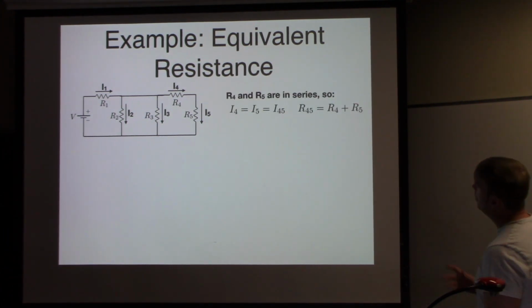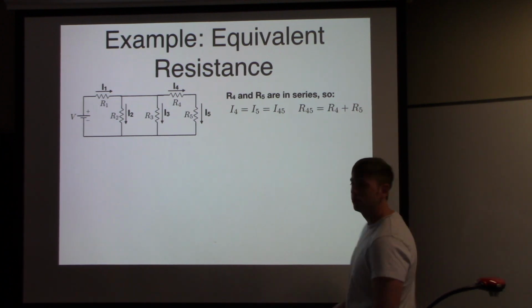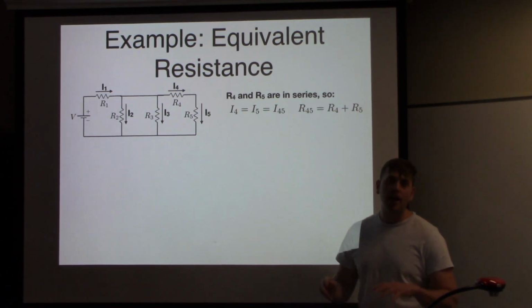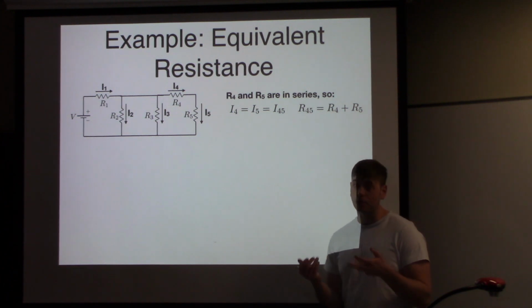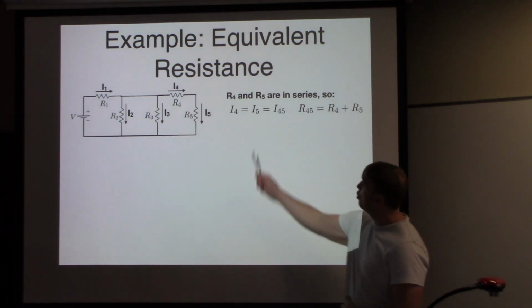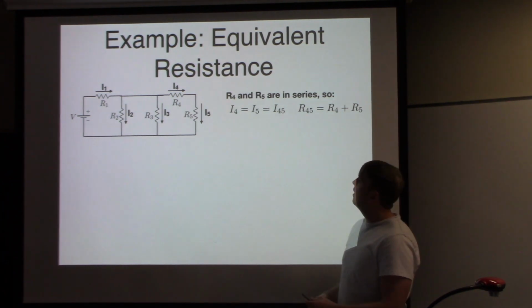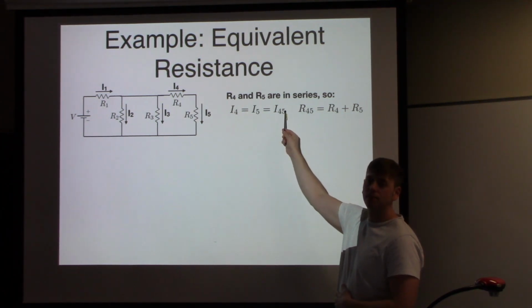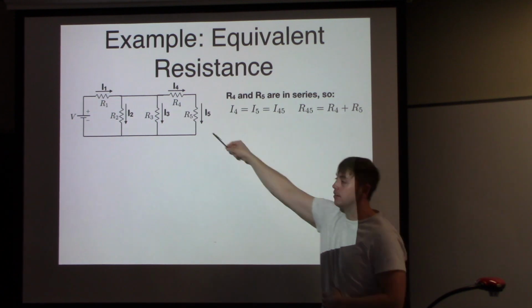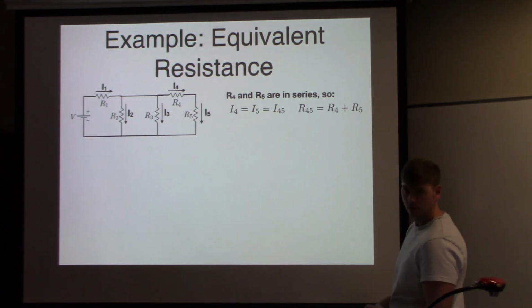Okay, so there are two things I know given that they're in series. The first is, remember, any two resistors in series have the same current. So I4 and I5, those aren't two separate currents, they're the same thing. And I'm going to call that I45. So it's just the current that's common to these two. That's the notation.